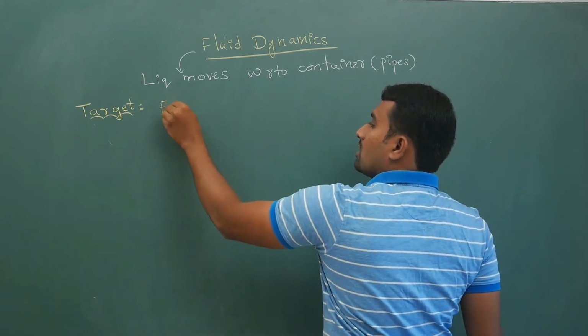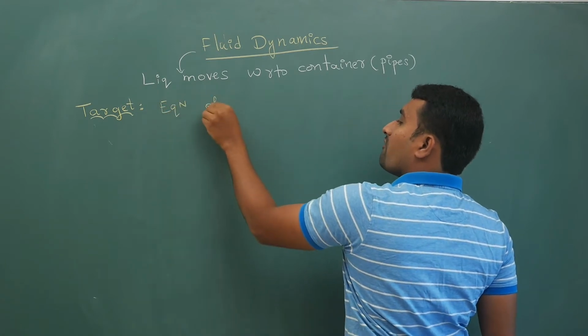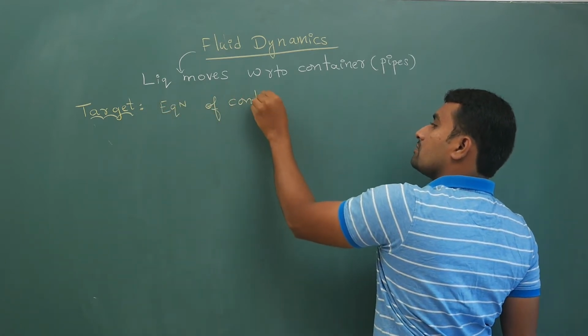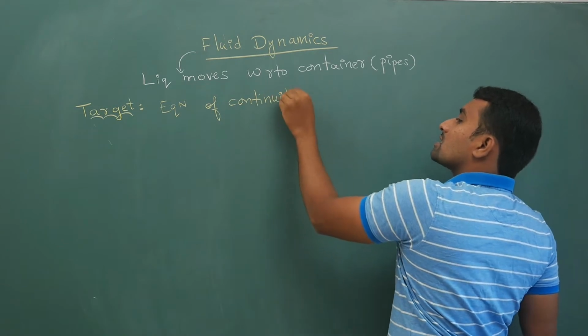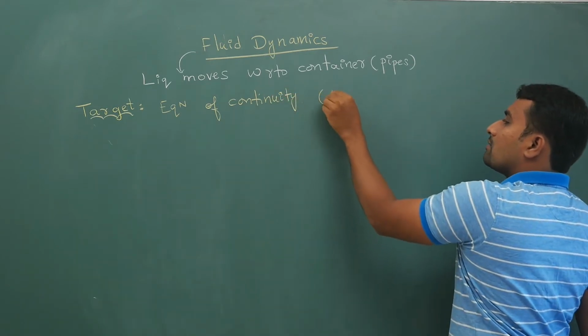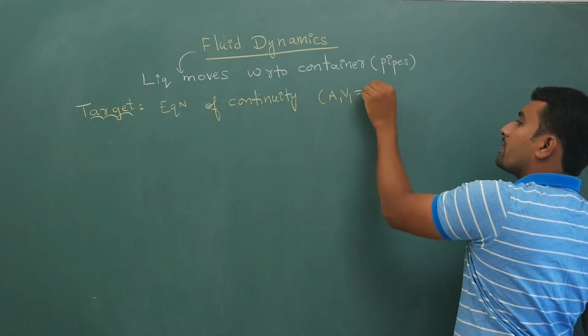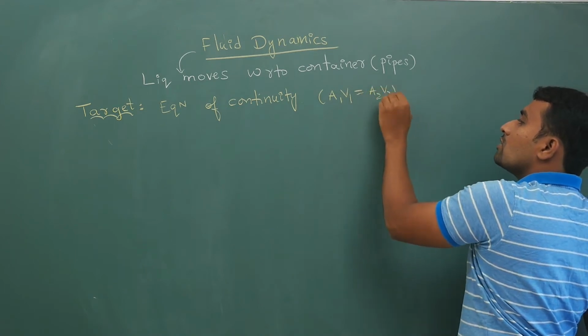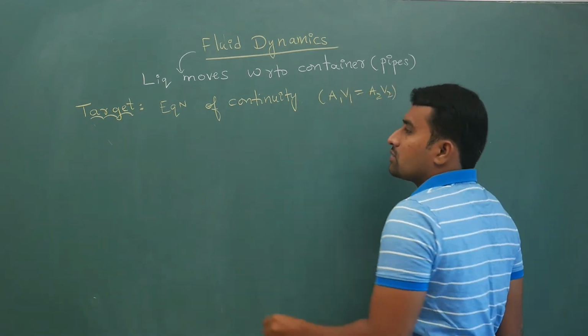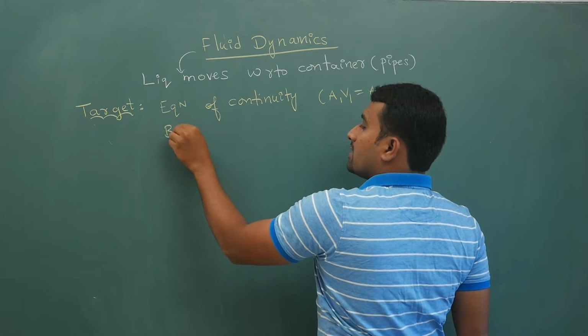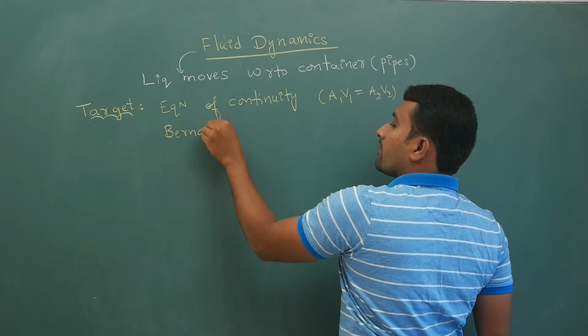First is the equation of continuity. I will explain, don't worry, but it is area times speed: A1 V1 is equal to A2 V2. That is one equation, and the second is Bernoulli's equation.